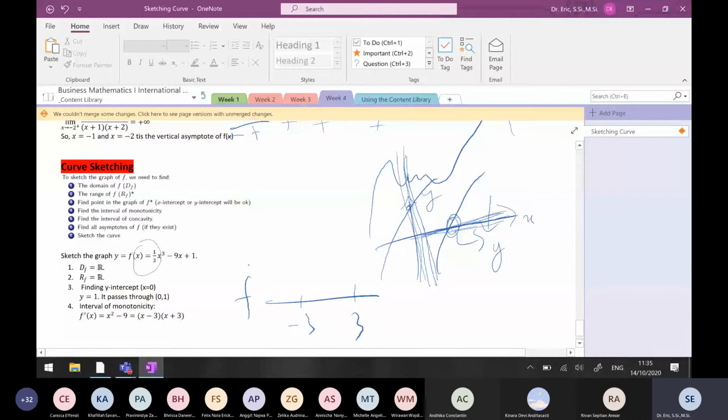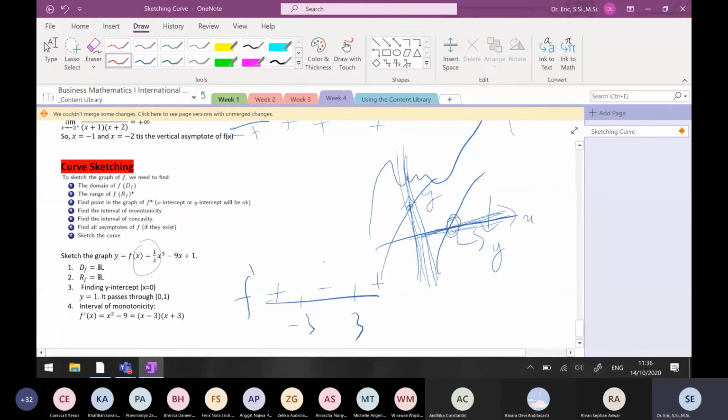I want to find the sign diagram for f prime. So I can check this, and you have plus, minus, plus. What does this mean? This means increase, decrease, increase.